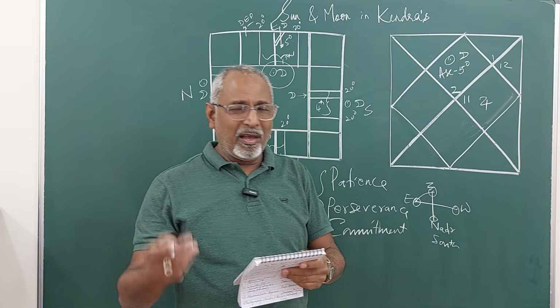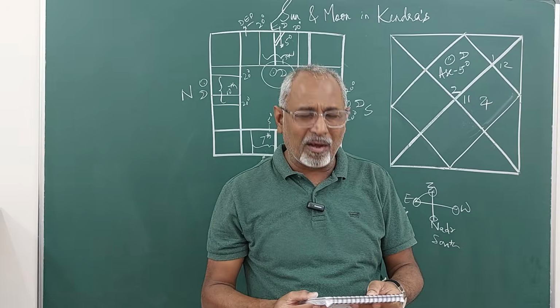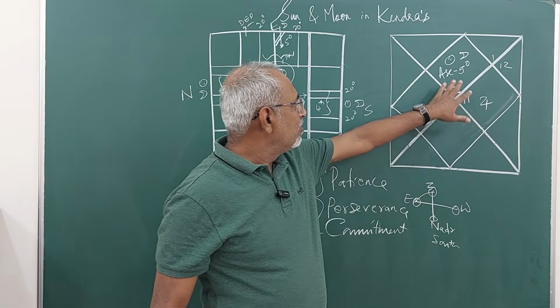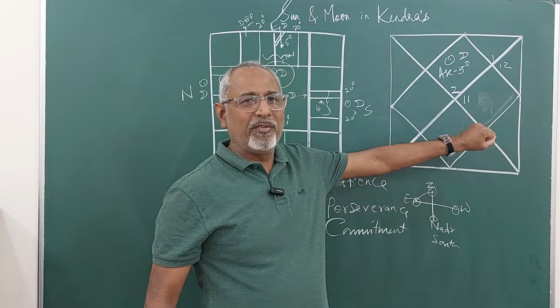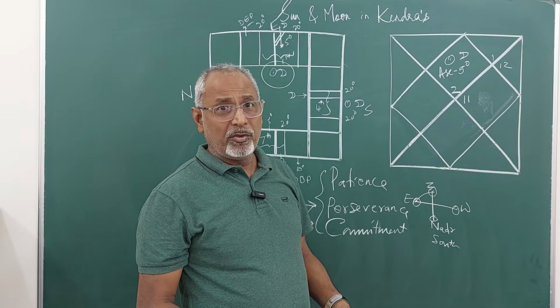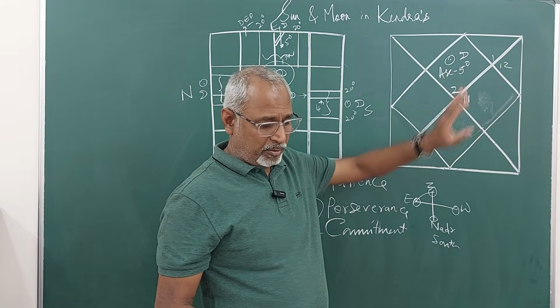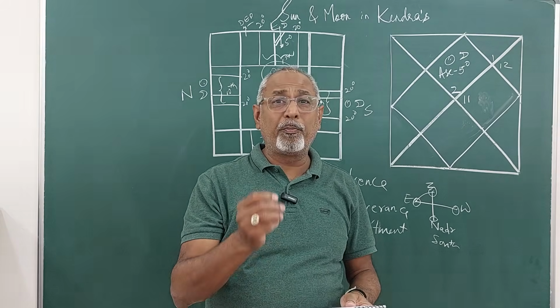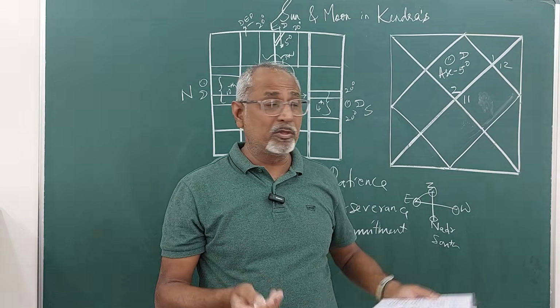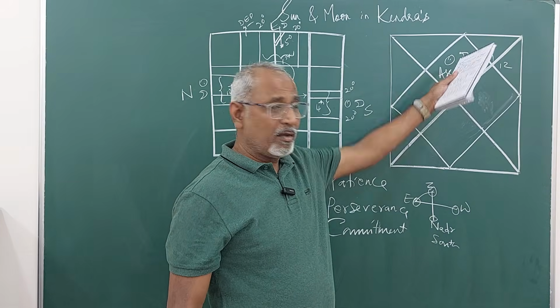So that is why, until the 10th house is strong, this native with a weak 10th house will go through difficulties, will have conflicts with both parents. So both the parents are here, Sun and Moon.